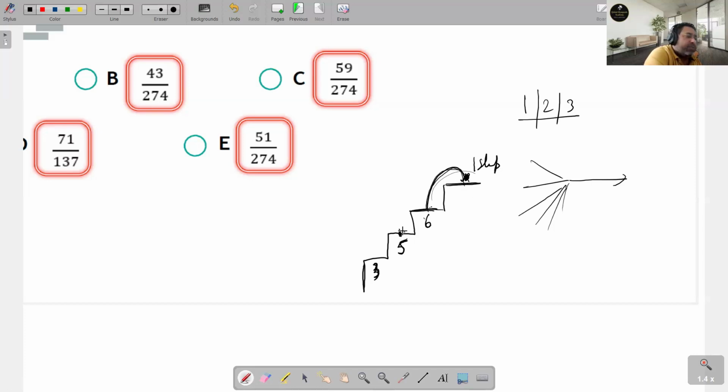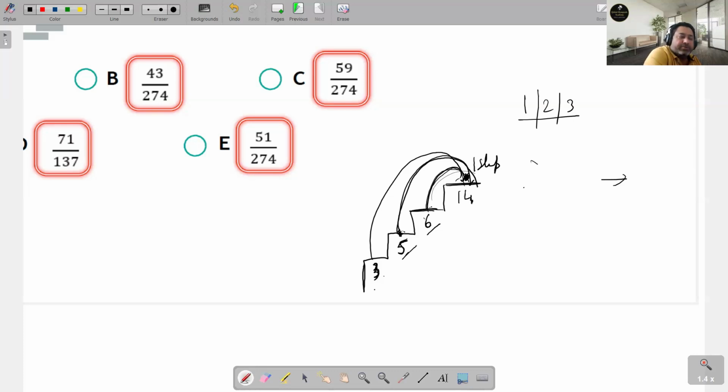Now from here, I've come 5 ways here and then a 2-step move. This will be 5 times 1. This one was 6 times 1. The last one will be 3 times 1. So the multiplication by 1 is not required; we can just add up these three. To reach here, the total number of ways will be 3 plus 5 plus 6, which is 14 ways.